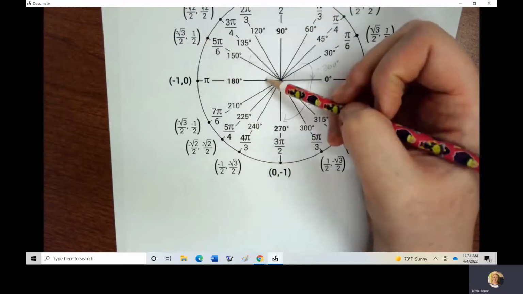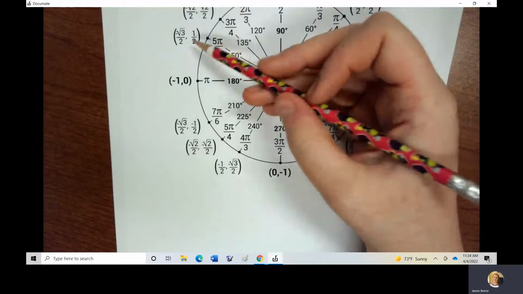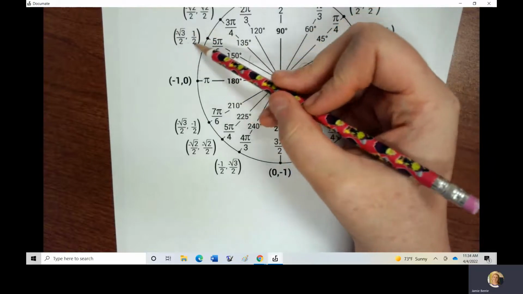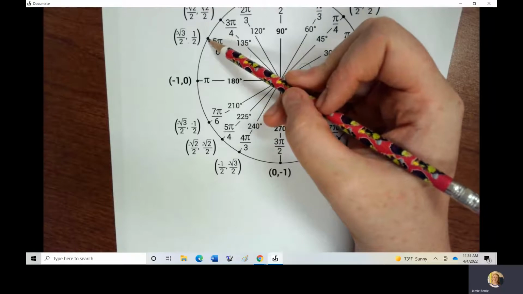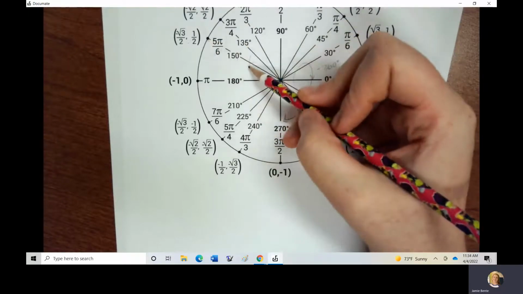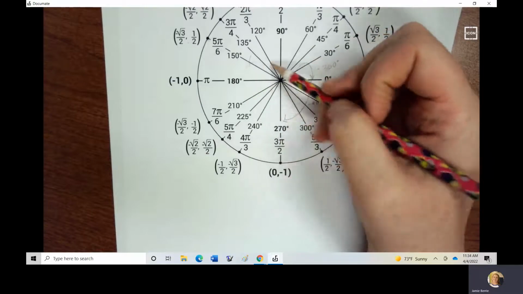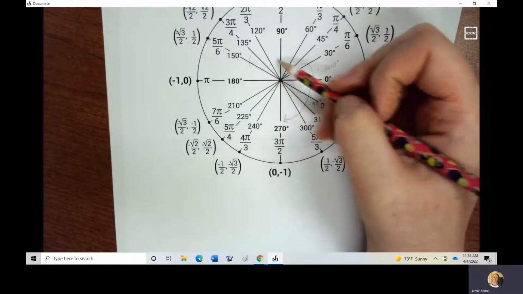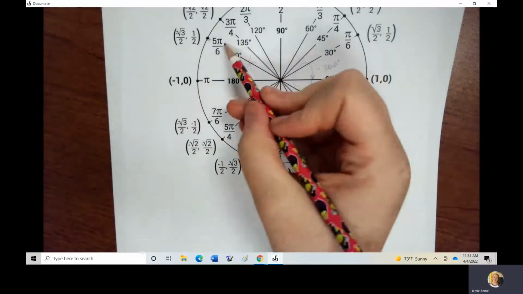The angle will change because you're continuing to revolve, but the coordinate is going to remain in this very spot. So if we go around 2 pi, or 4 pi if we went around twice, or 6 pi, the point negative square root of 3 over 2 comma 1/2 will not change, but the angle will. So we need to account for that.